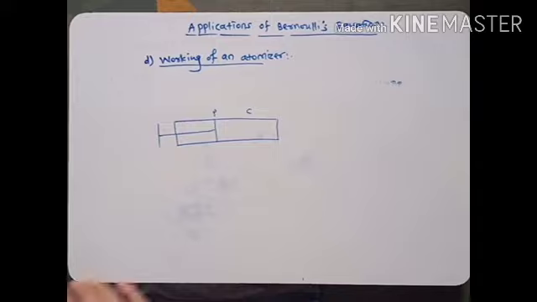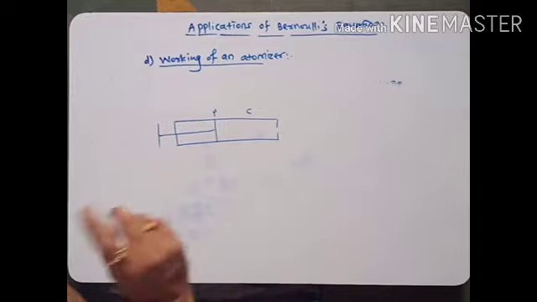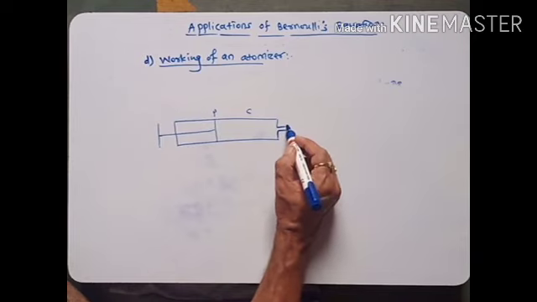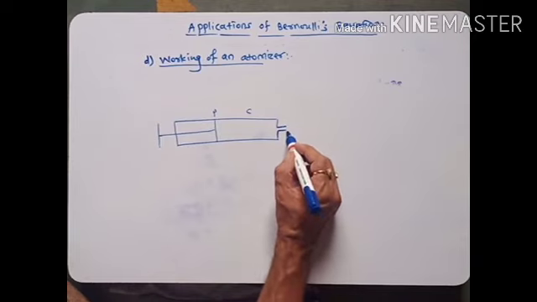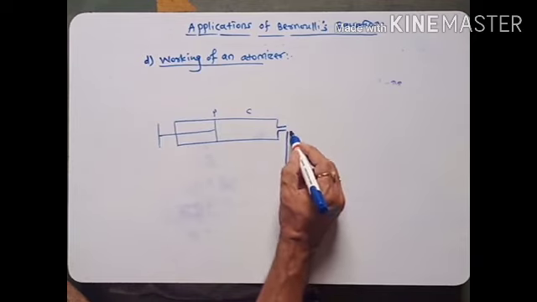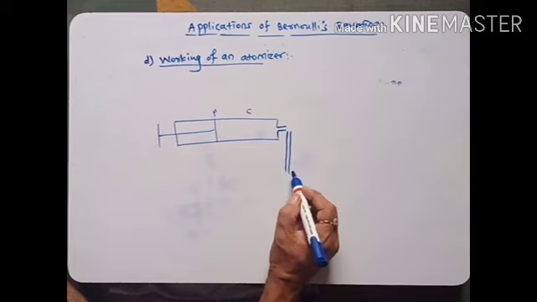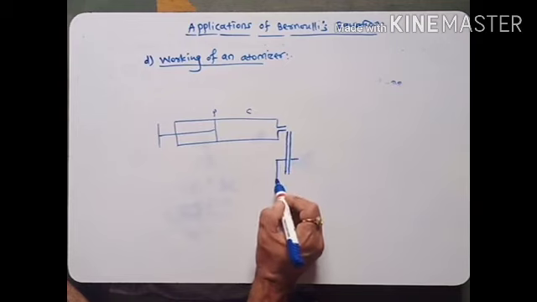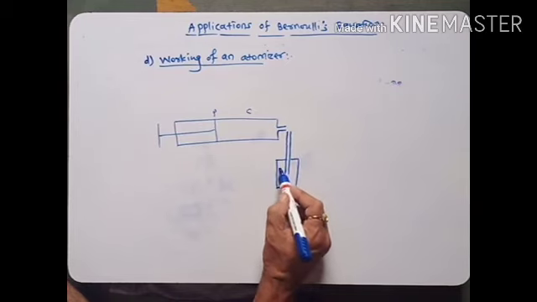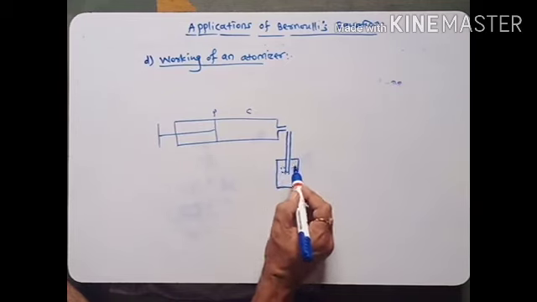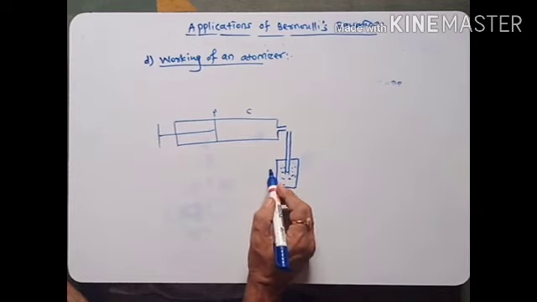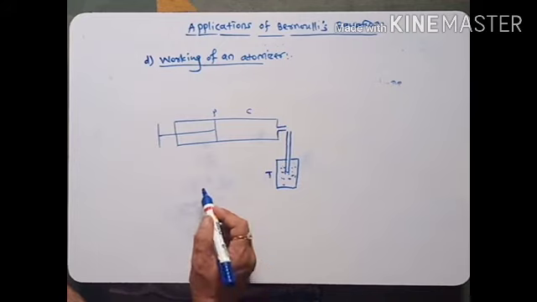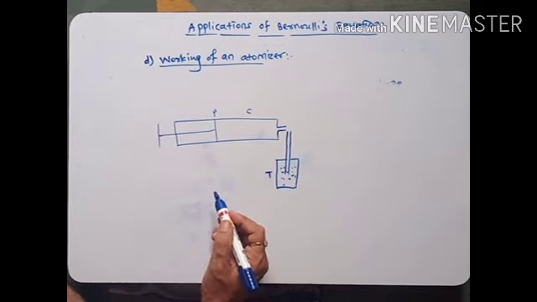At one end of this chamber, we consider a small opening, and here is a tube which is dipped into the liquid. T is the container. This is the block diagram of an atomizer.